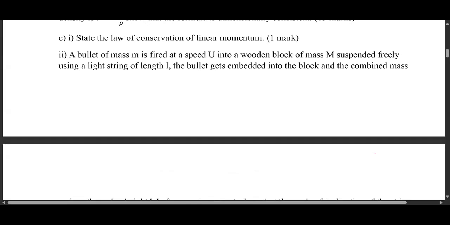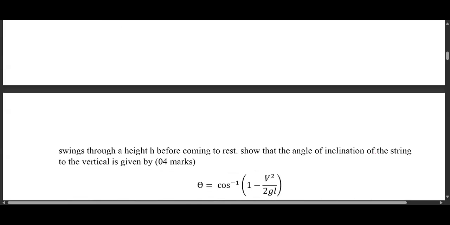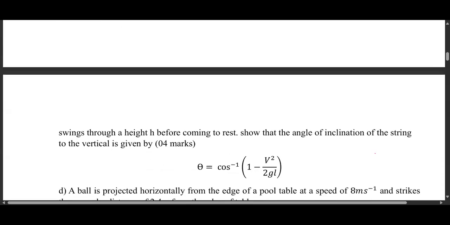The bullet gets embedded into the block, and the combined mass swings through a height h before coming to rest. Show that the angle of inclination of the string to the vertical is given by that expression: theta is equal to arc cos of 1 minus v squared divided by 2gl.